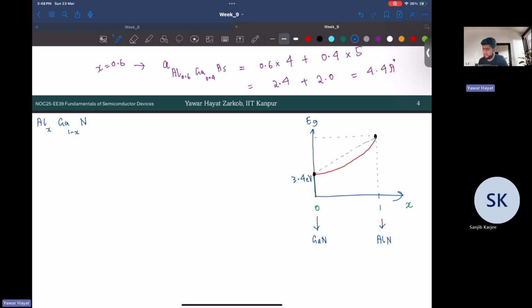So let me write that. This is 6.1 eV. The band gap of aluminum nitride, which corresponds to X equal to 1, would be 6.1 eV.